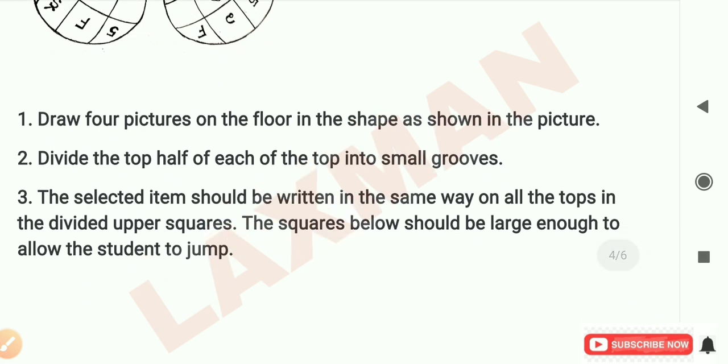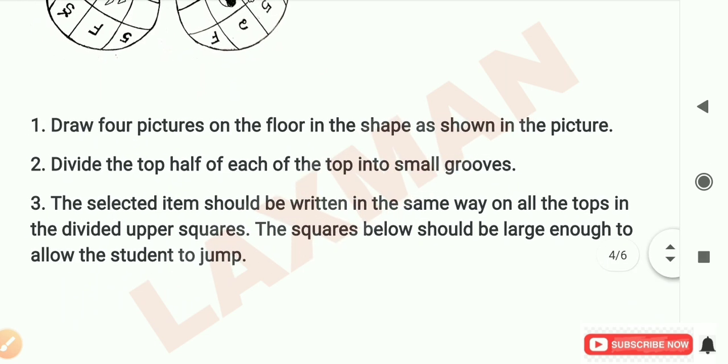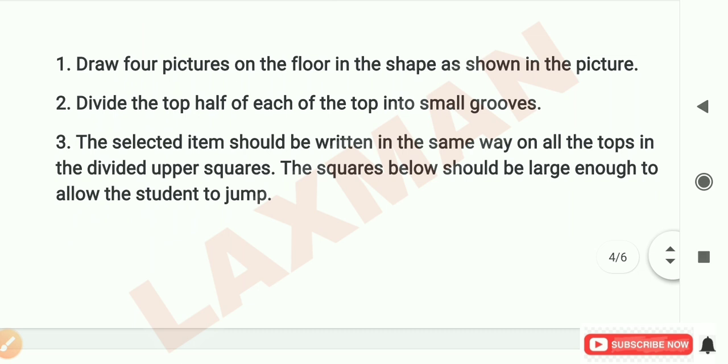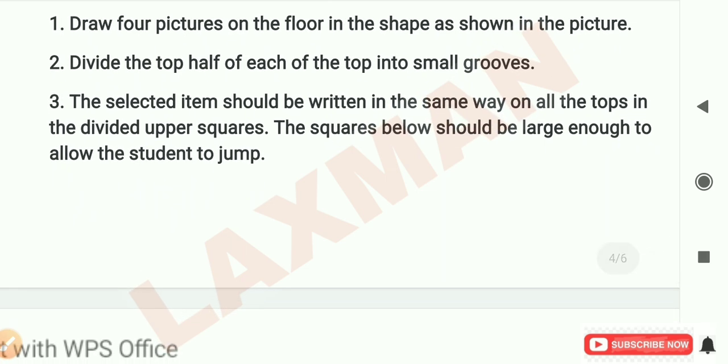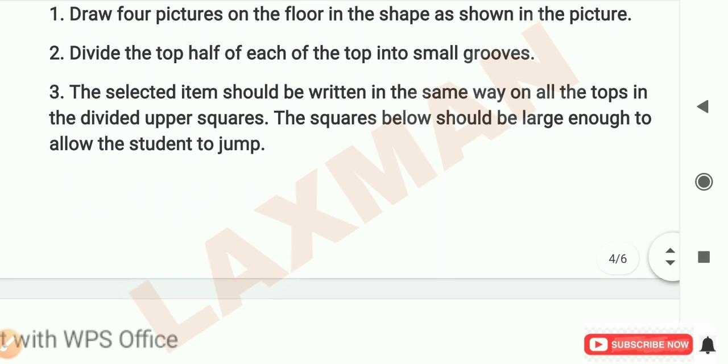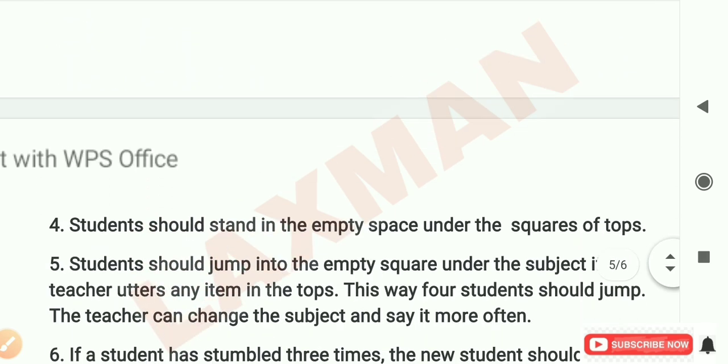Draw 4 pictures on the floor in the shape shown in the picture. Divide the top half of each top into small squares. The selected item should be written in the same way on all the tops in the divided upper squares. The squares below should be large enough to allow the students to jump.